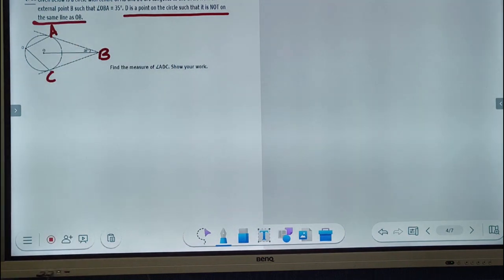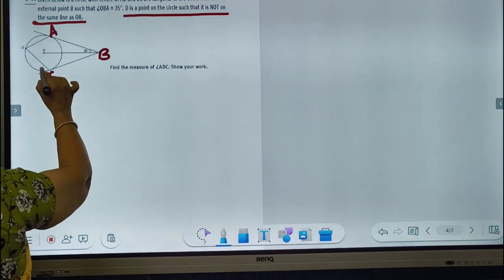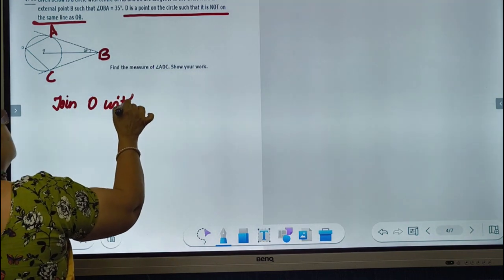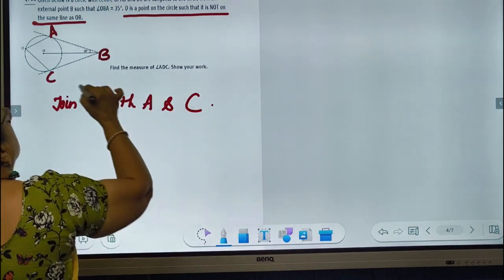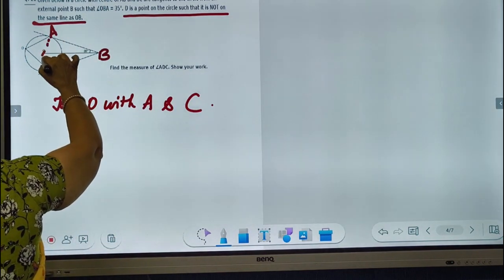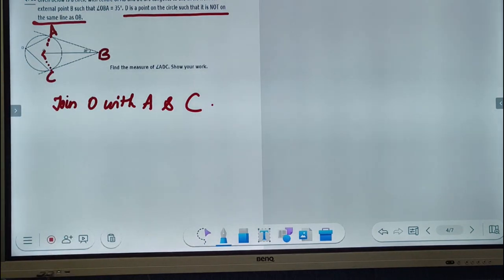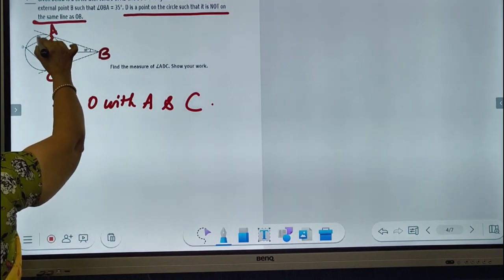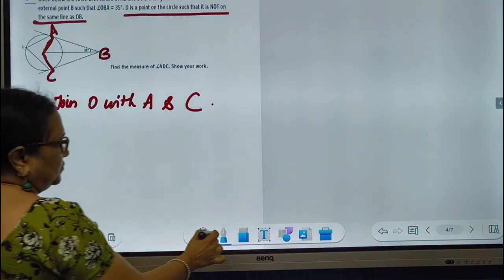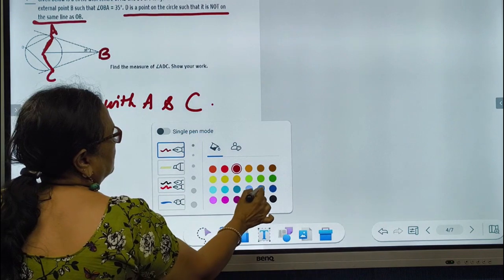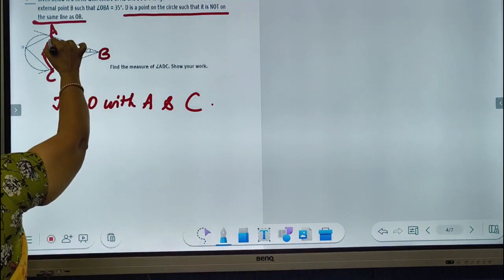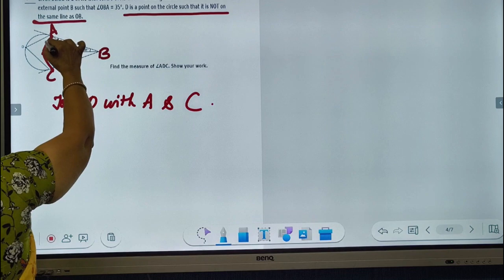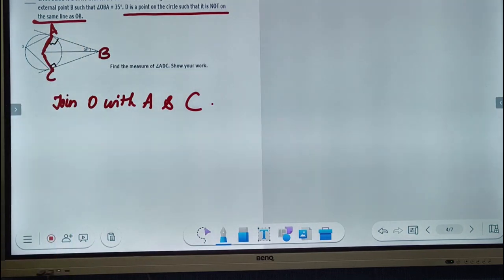Now what I am going to do, I am going to join O with A and C. Now radius you know is perpendicular to the tangent. So what will be this angle? So this is 90 and this is also 90 degrees.